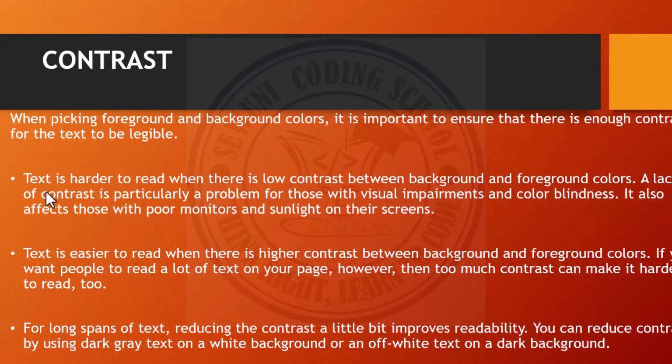So the background color should be different from the foreground color, such that the foreground color will be visible. If you check my slide, my background color is black and my foreground color is white. It actually brings out the foreground color. It makes it visible for everybody to be able to read.